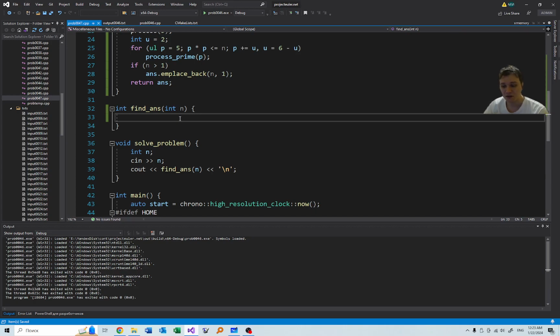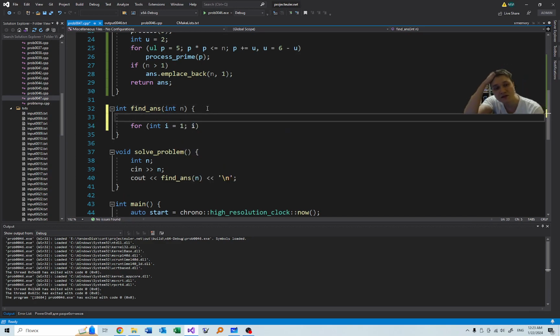Okay, what do we do here? We go through all numbers, starting with 1. And we look at the biggest streak of numbers which are all good.